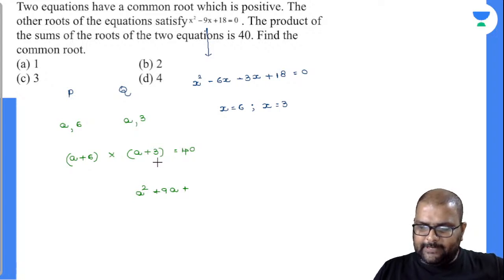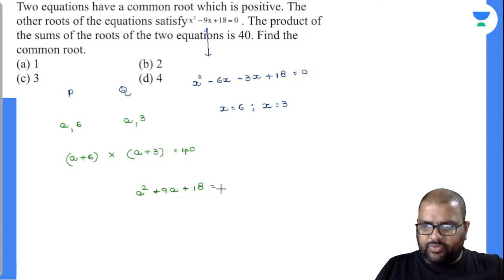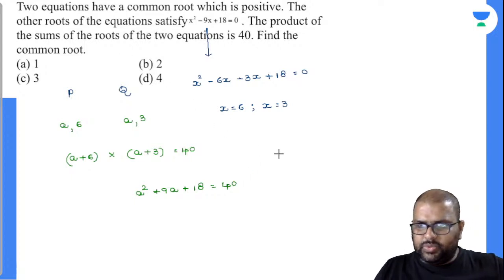Plus 18 is equal to 40. Automatically my equation will be changing to a square plus 9a, 40 will come to the left hand side, 40 minus 18 will be 22. Minus 22 is equal to 0.